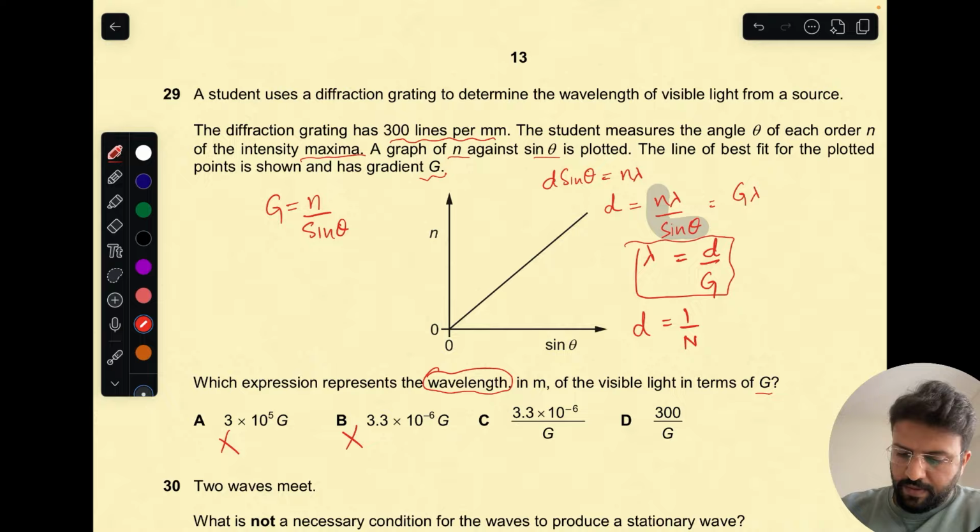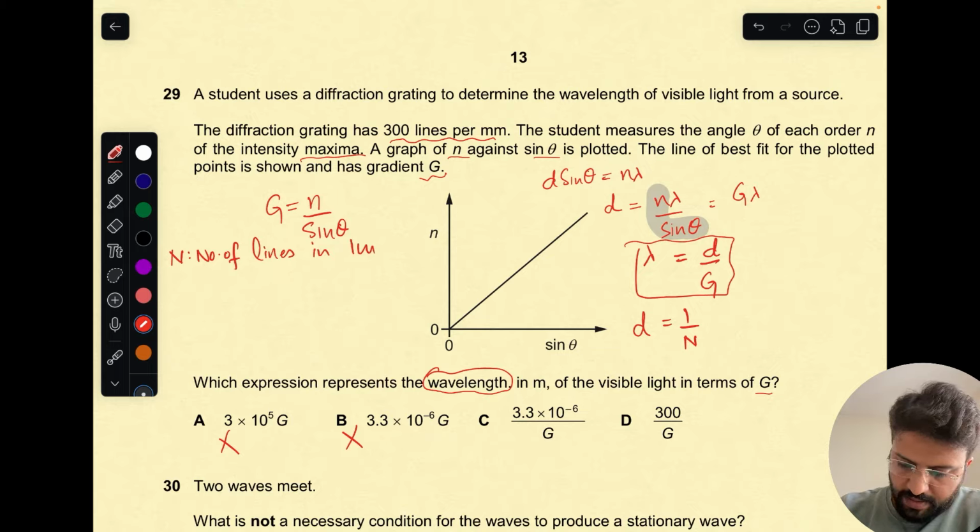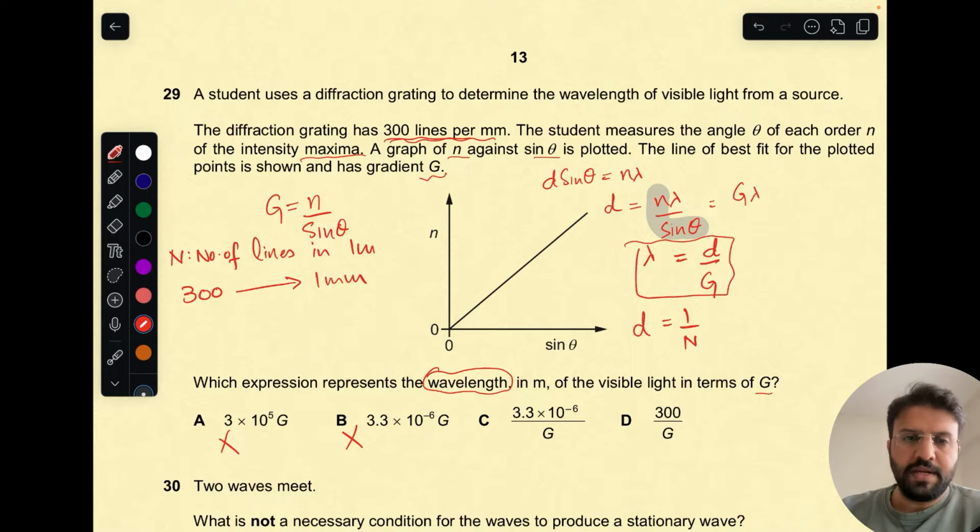We have 300 lines given in the question in 1 millimeter. So how many lines will be in 1 meter?